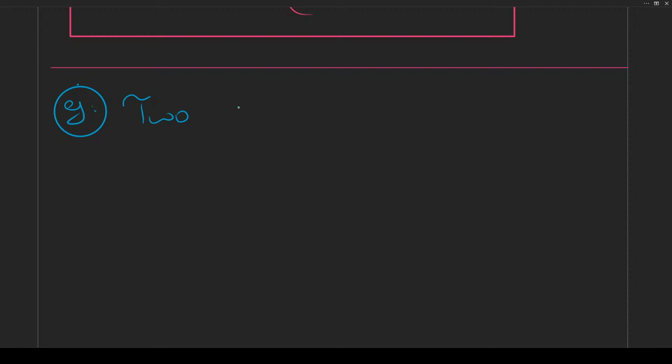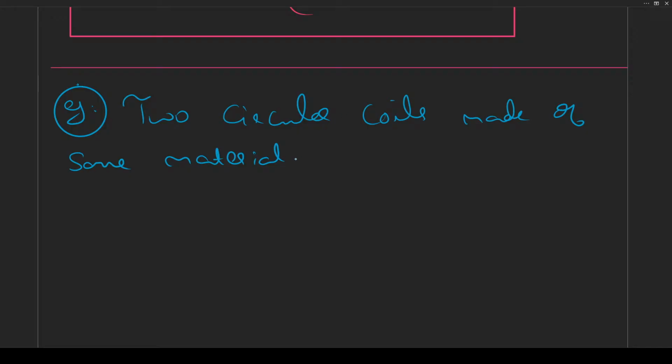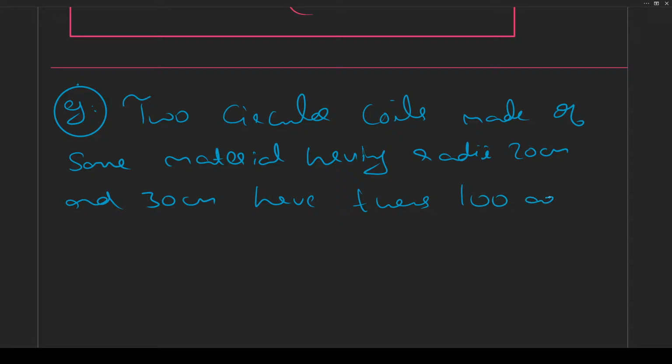Two circular coils made of same material having radii 20 centimeter and 30 centimeter have turns 100 and 50 respectively.